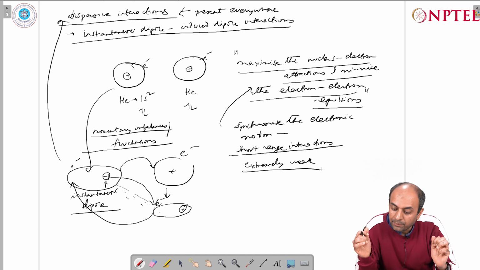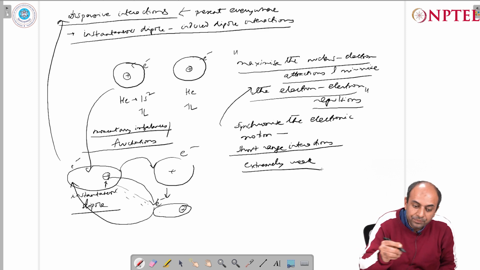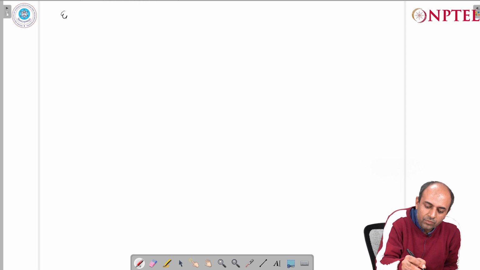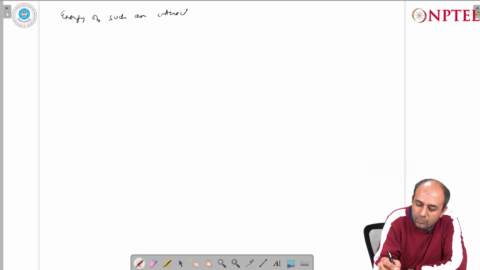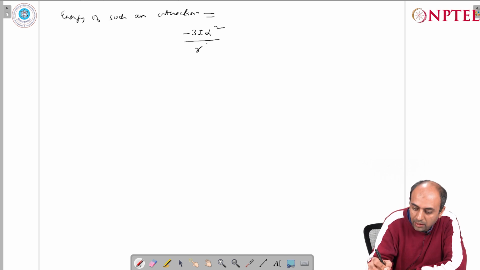And in this regard, what has been proposed is that the energy of such an interaction is minus 3Iα²/r⁶.